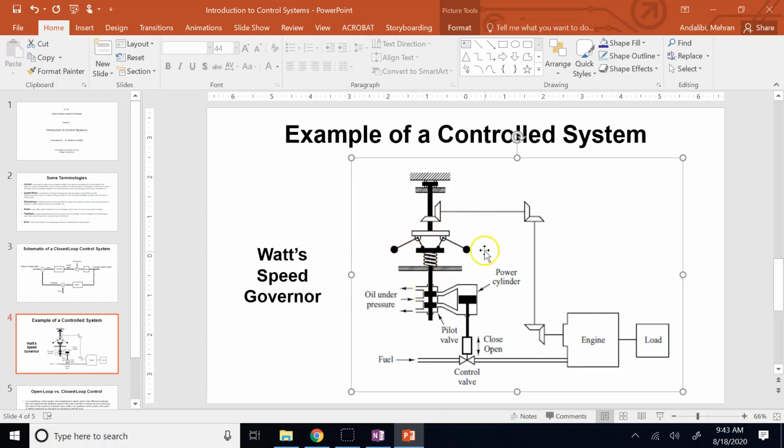It is acting based on the centrifugal force and the position of this black plate that controls by itself the position of this spool of the three-way hydraulic valve, and that controls the position of the fuel inlet valve.